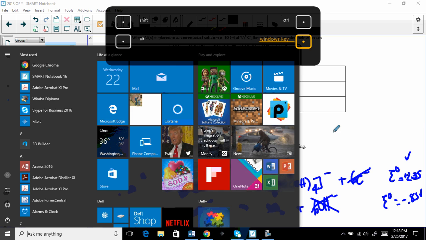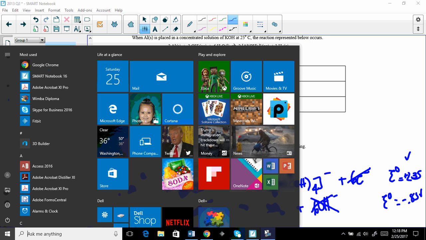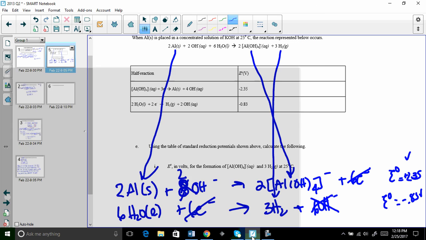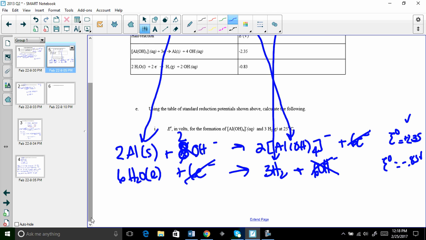But the question is, we're not done yet. The question was, what would the voltage be? And the voltage is going to be 1.52 volts, because 2.35 volts plus negative 0.83 volts is 1.52 volts.